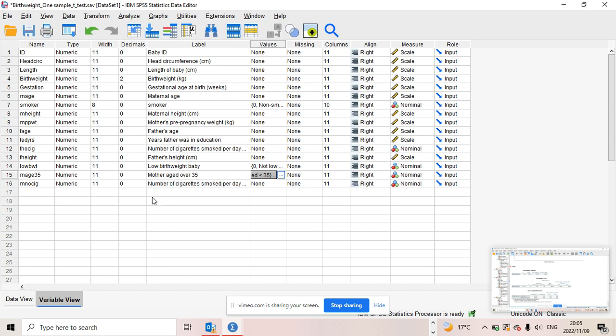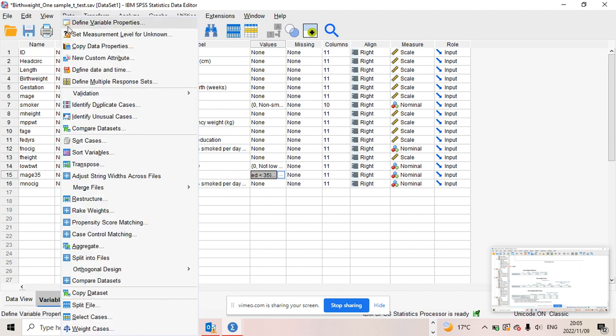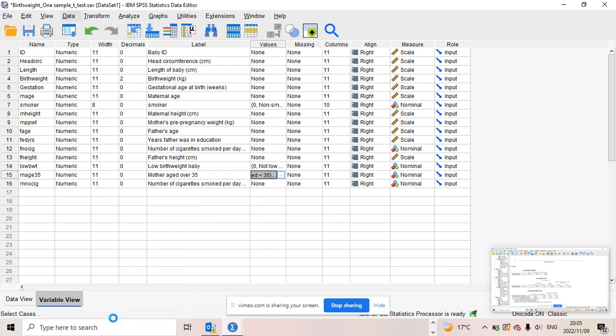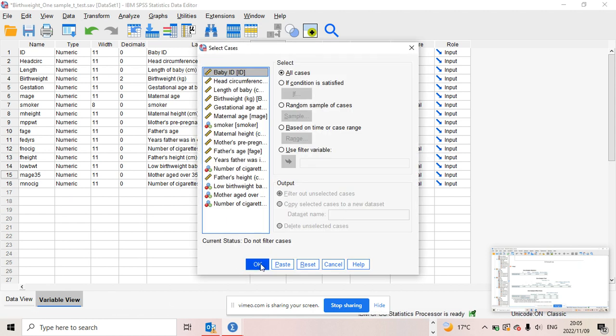It's very easy. What you need to do is click on the data, then scroll down to the select cases icon. Then a window of this nature will pop up. In this case, we are not interested in all the cases. We are interested in the selected cases.